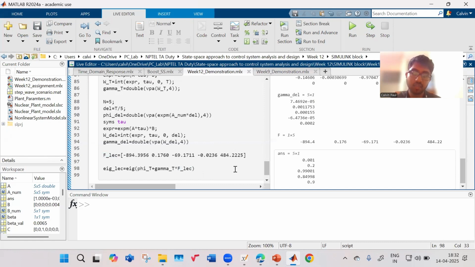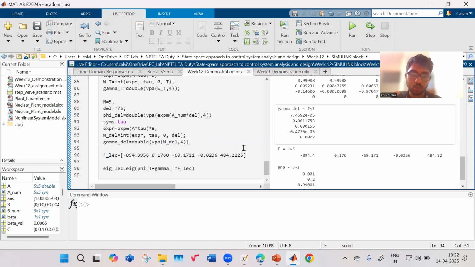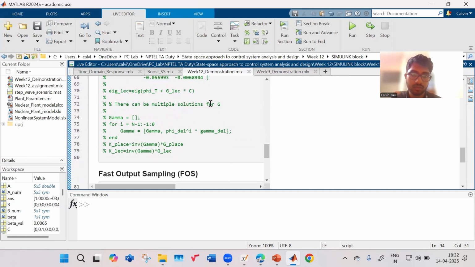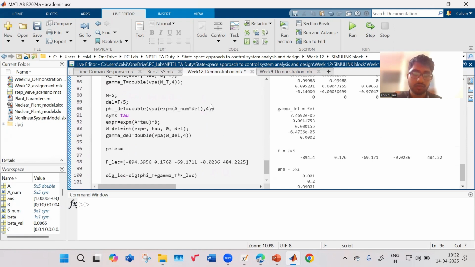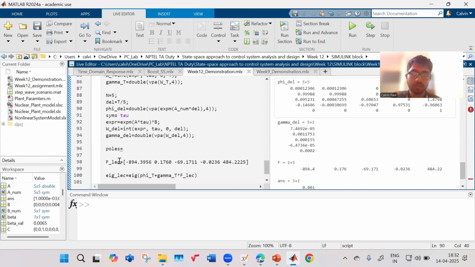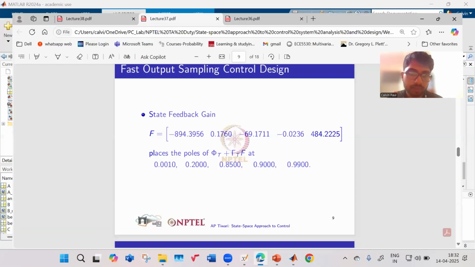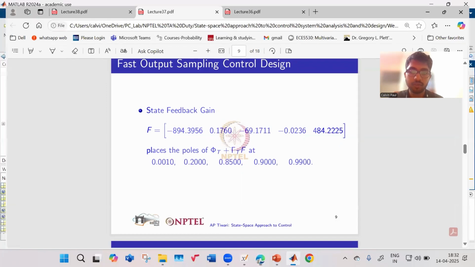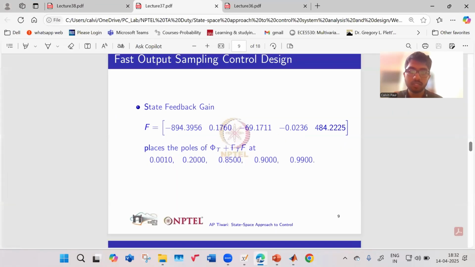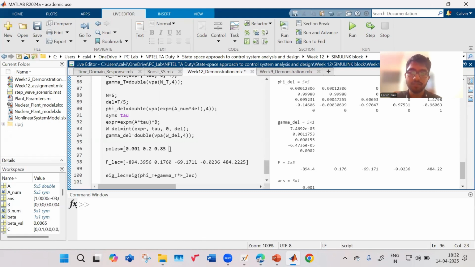Let us try placing our own. So the poles which we wanted are, so this we don't need. This is correct. This also is correct. We don't need. The poles we wanted to place are 0.001, 0.2, 0.85, 0.9, and 0.99.